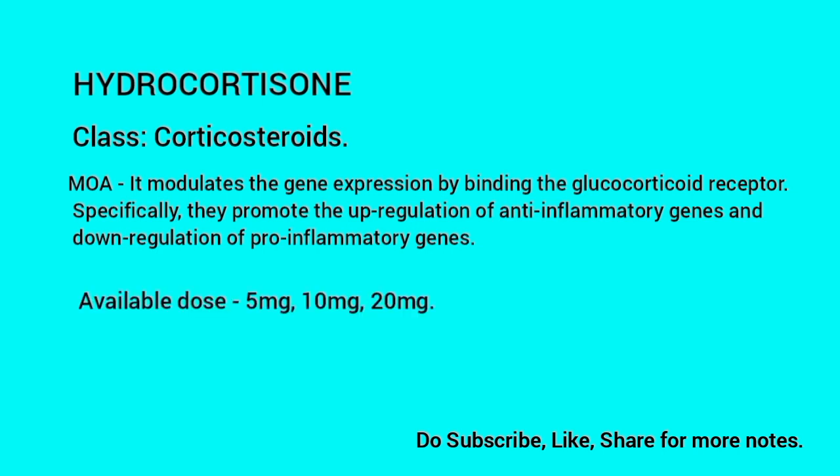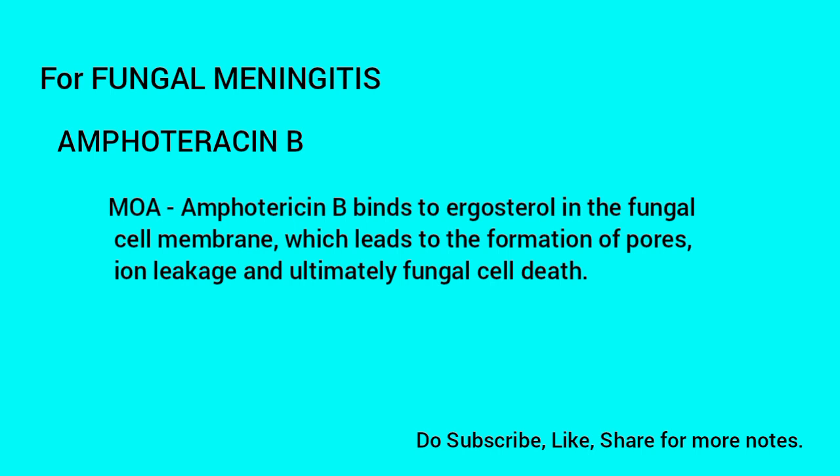The available doses are 5 mg, 10 mg and 20 mg. For fungal meningitis, amphotericin B. The mechanism of action is, it binds to ergosterol in the fungal cell membrane, which leads to the formation of pores and ion leakage, then causes ultimately fungal cell death.